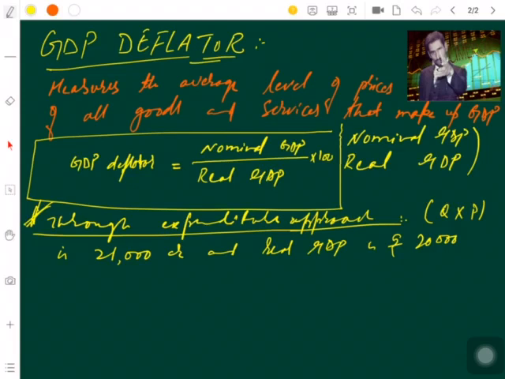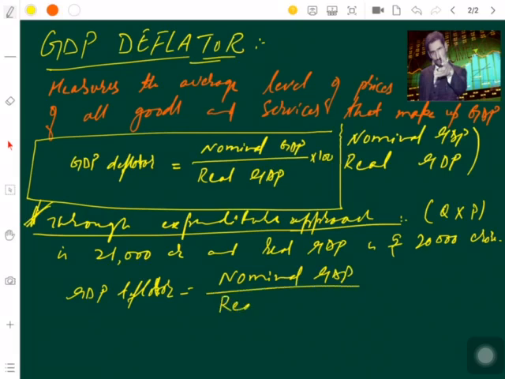So there is a difference of 1,000 crores between the previous year price and this year price. So GDP deflator will be equal to nominal GDP upon real GDP multiplied by 100, because we have to talk of the ratio. Nominal GDP is how much?